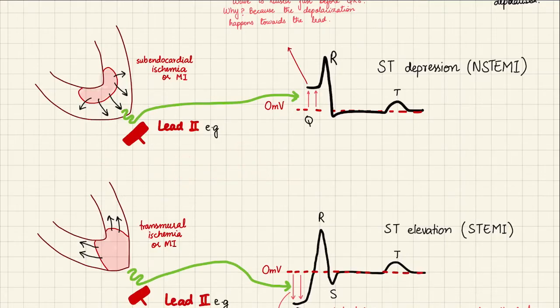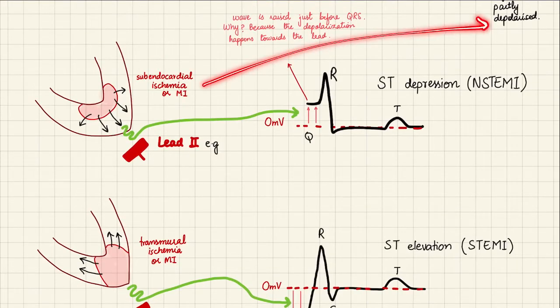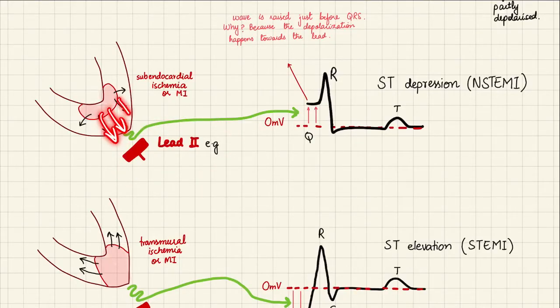So if this part has undergone ischemia or MI, it is already partly depolarized, and this ECG lead is going to pick up that depolarization because it is in the direction of the lead.